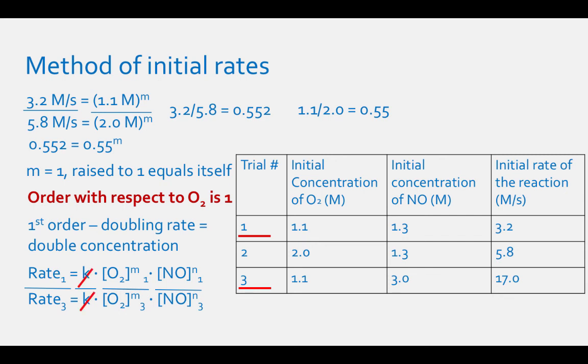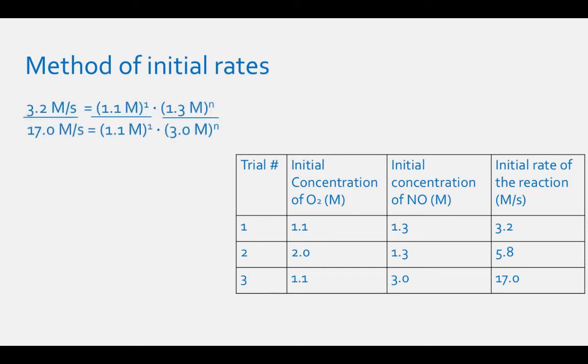We will be left with 3.2 molar per second divided by 17.0 molar per second equals 1.1 molar divided by 1.1 molar raised to 1 times 1.3 molar divided by 3.0 molar raised to the n power.